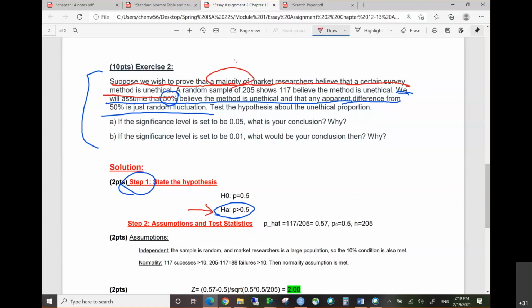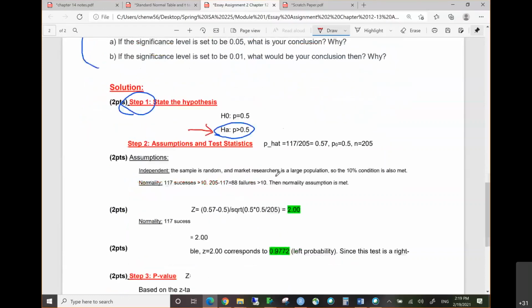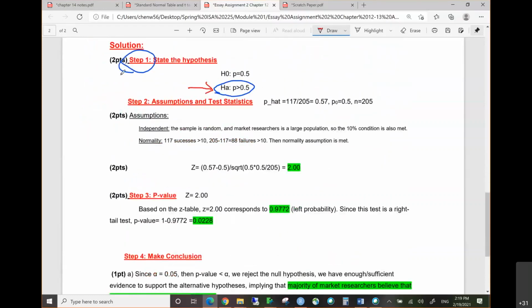It is not always the keyword. All right, so for the first step, state the hypothesis. Right? You need to figure out what your alternative hypothesis is. The second thing is about the assumption. Right? For this assumption, some of you forget about the assumption. Some of you got confused with the normality assumption.